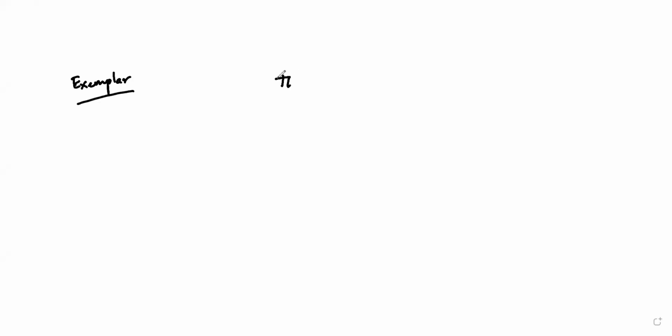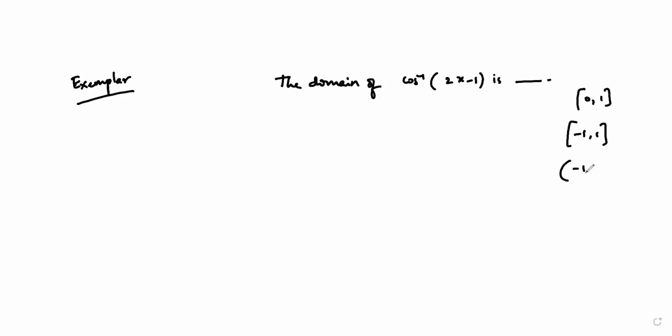They are asking to find the domain of cos inverse of 2x minus 1. Options are 0, 1; minus 1, 1; minus 1, 1 in open brackets; and none of these.